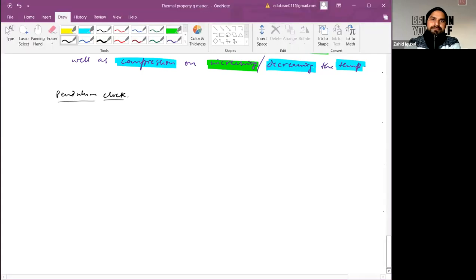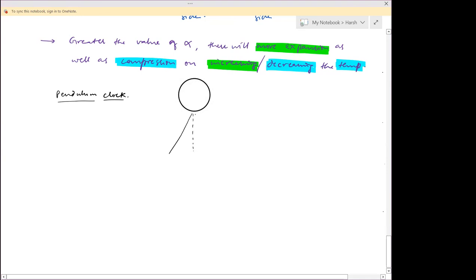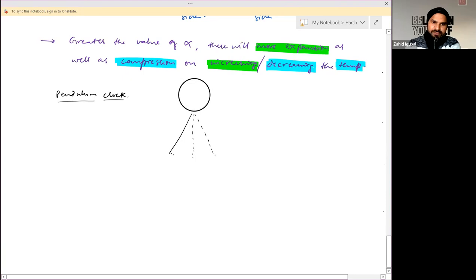Suppose a pendulum clock is designed to work with oscillation of the pendulum, that is, when it oscillates from this point to this point, that is half oscillation, it will take 1 second.